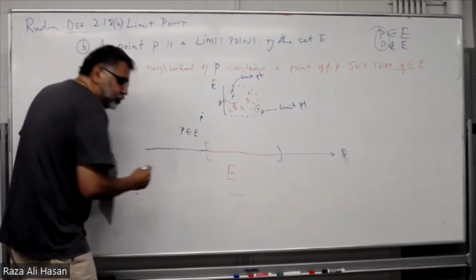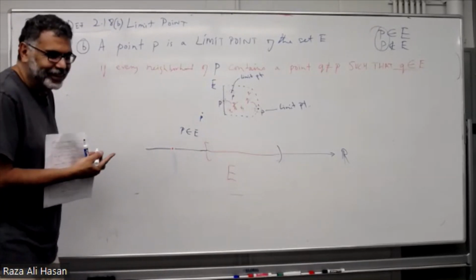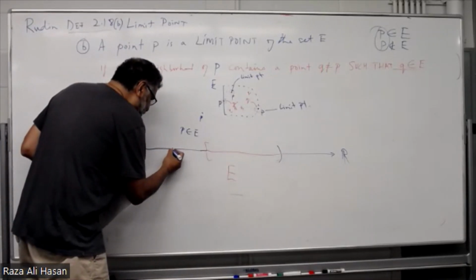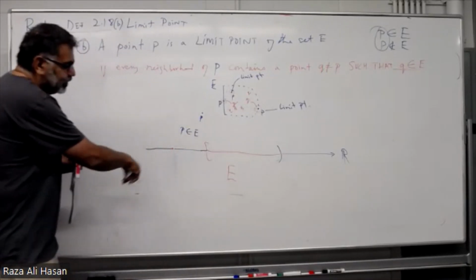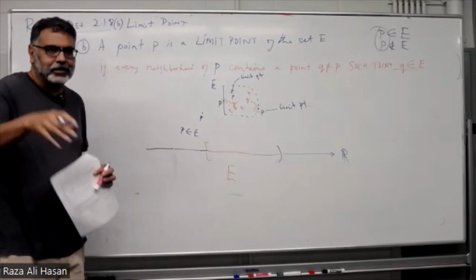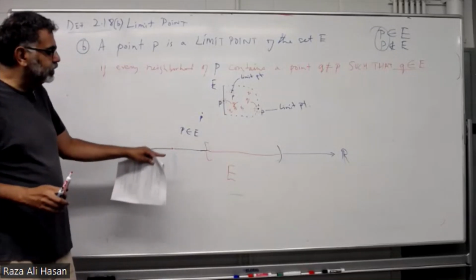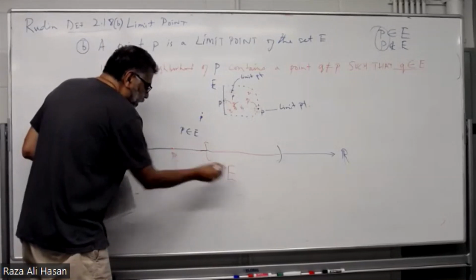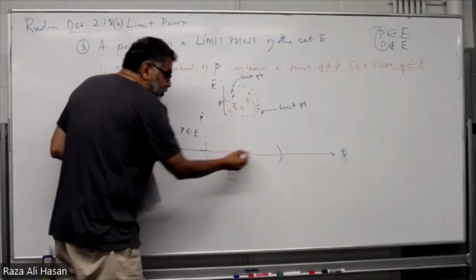I don't know if there's a term called exterior, but go ahead and use it. Let's just call it isolated. That's the term for it. Isolated in the sense that this is a point of set E isolated from its brothers.